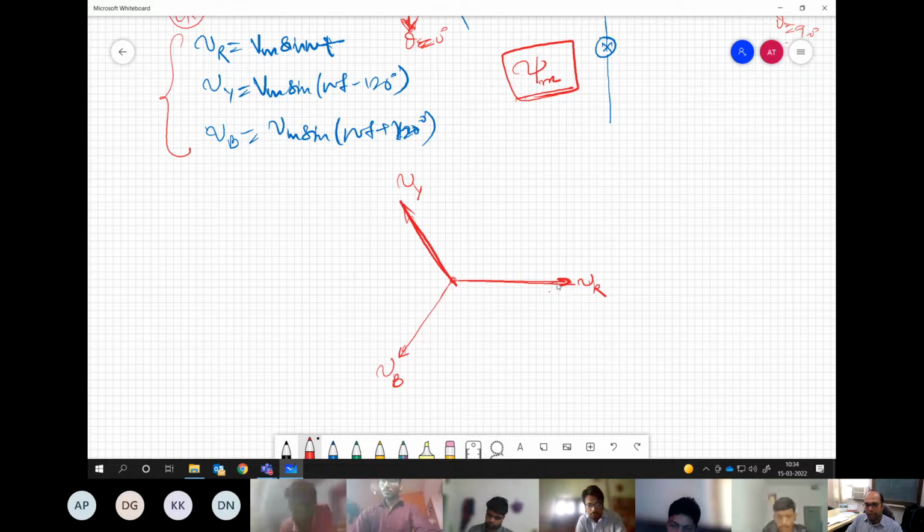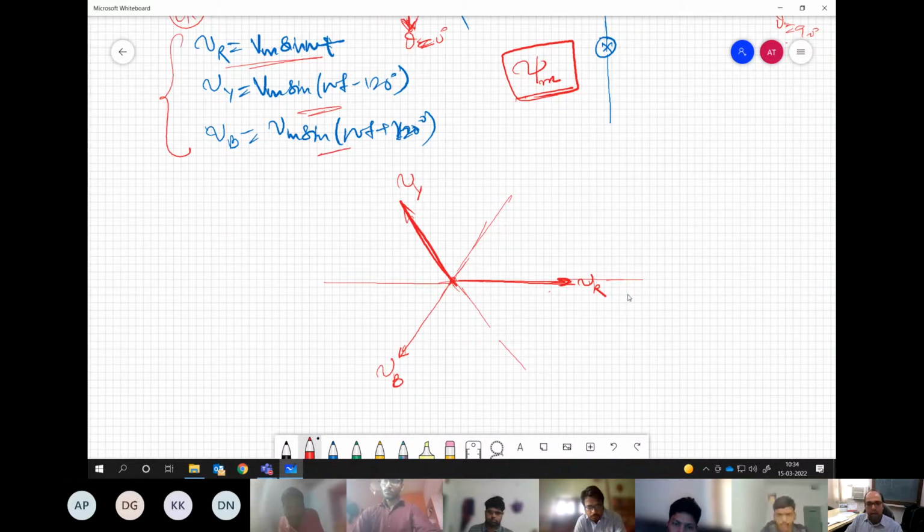This is a fixed vector which can change its value only along its own axis. It cannot rotate. And when we have this kind of arrangement, what will happen? The resultant vector coming out of these three voltages will have a tendency to rotate, similar to the flux.